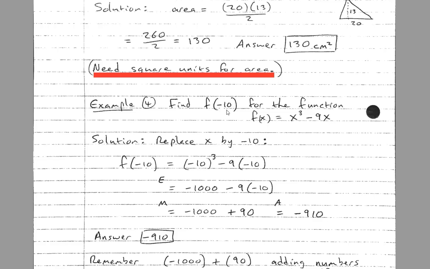Alright, so what's going in here is -10, so we're just replacing the x by -10. So f of -10 is equal to -10 quantity cubed minus 9 times -10.